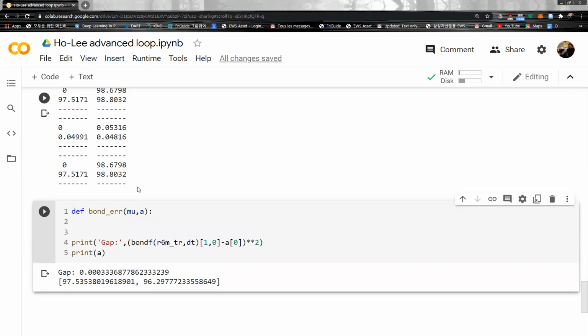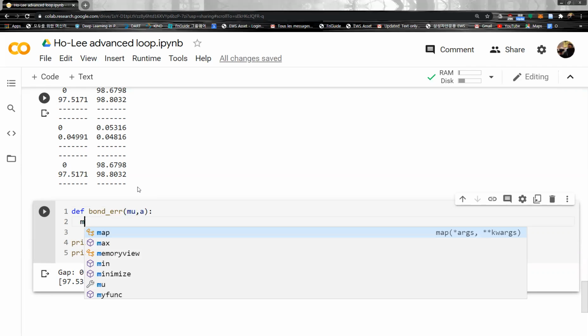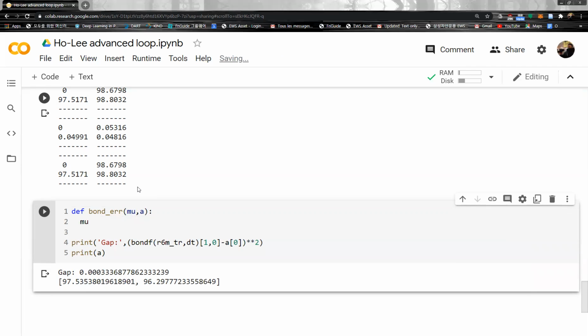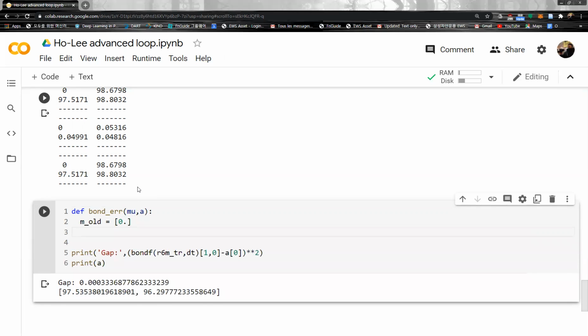So what we have to do is first generate the interest rate tree, but then M is, of course, our initial M, mu old. So M old equals basically 0 as the first term, and then we add mu.